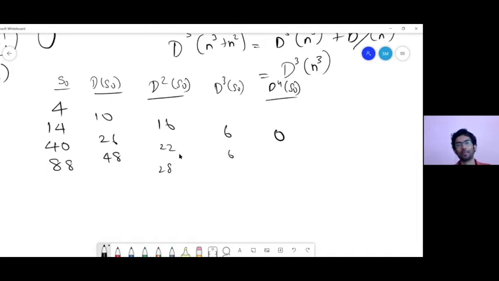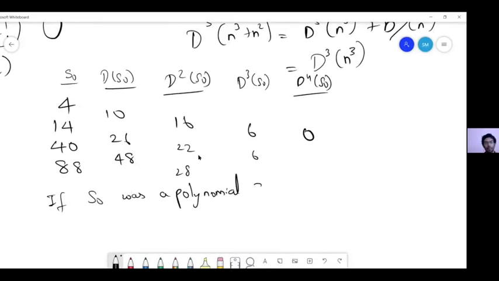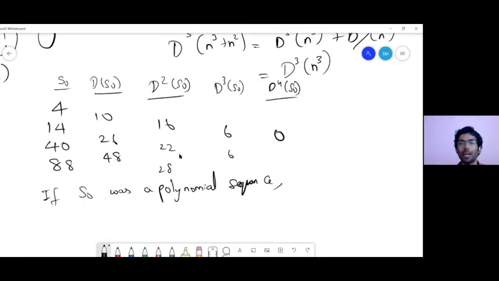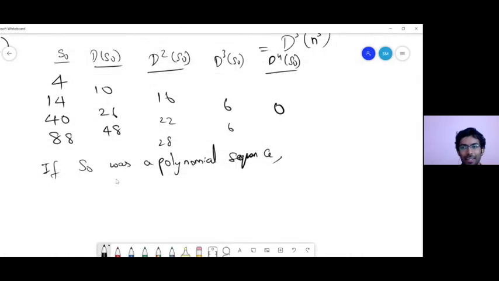Now from this information, what can you suppose if s naught was a polynomial sequence? Then what would its degree be? It should be 3, right?